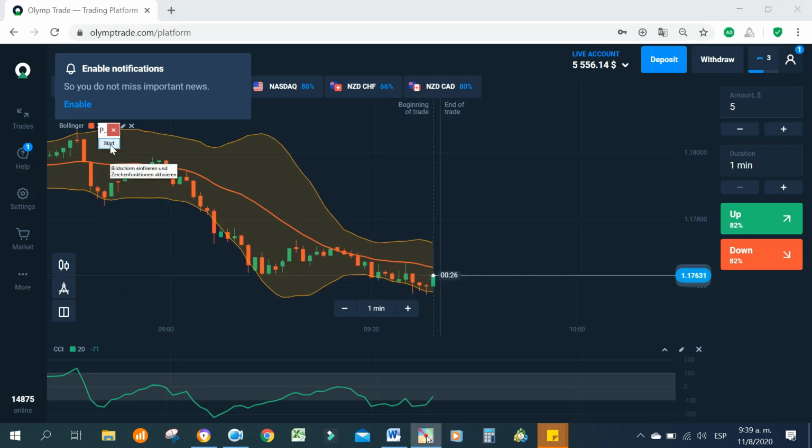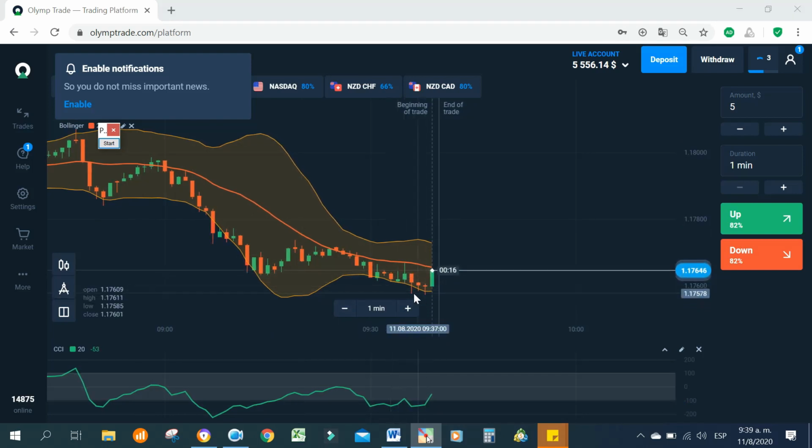As simple as that, this strategy works. You can also combine this strategy with price action, like taking trades with this wick, because this wick means that the price is rejecting in this zone.